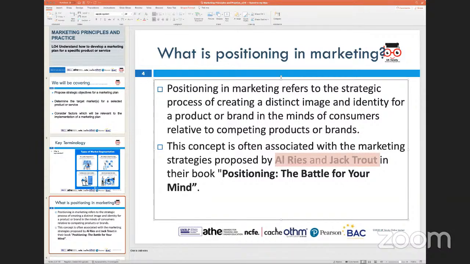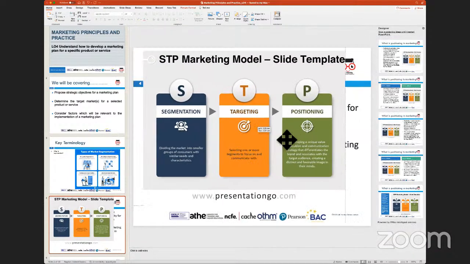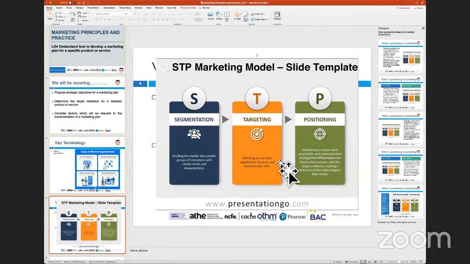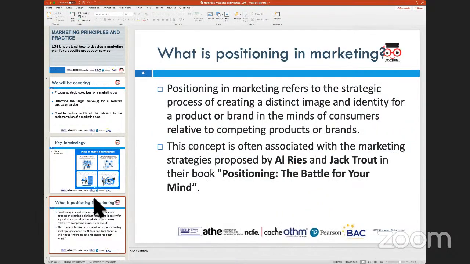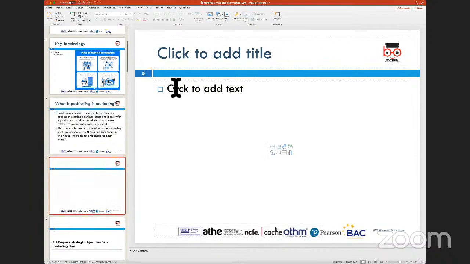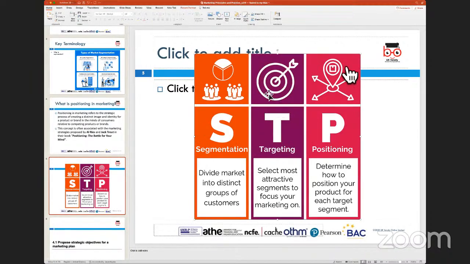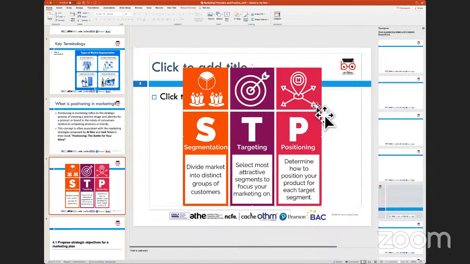This model became important. So let's put this across into a new slide. These are slightly important bits because they are about how you would create a marketing plan.